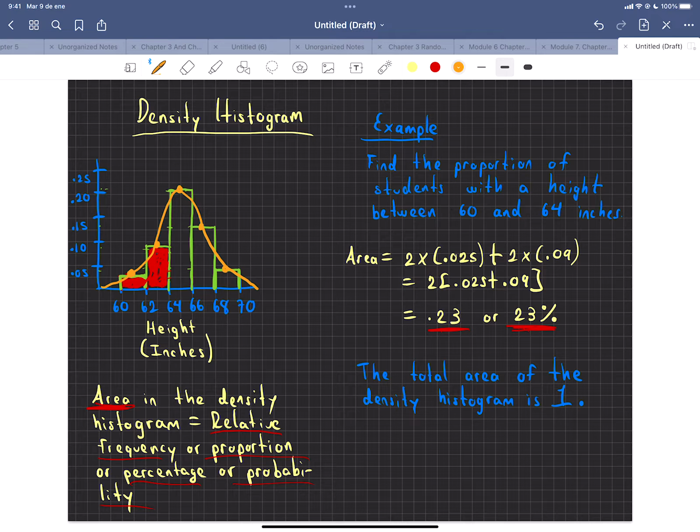What do we have here? We have something like this. So we can say this is the shape of the density histogram. Of course, I'm not saying that this is always going to be the case; it depends on the data that we have. But we can have an idea about the distribution or the shape of the data based on the density histogram. This is called a density curve.